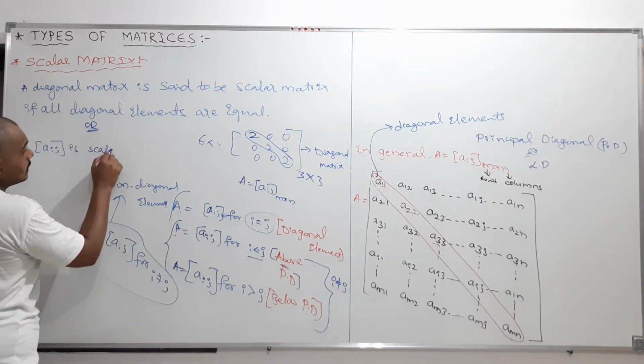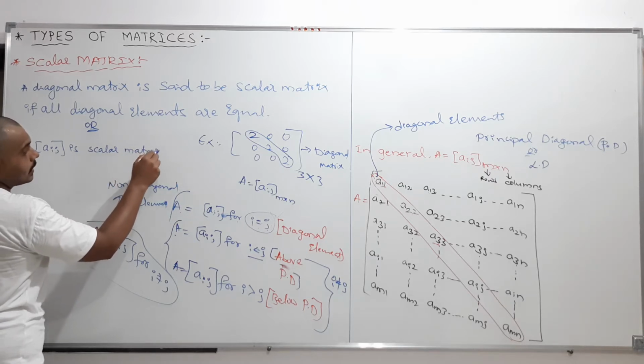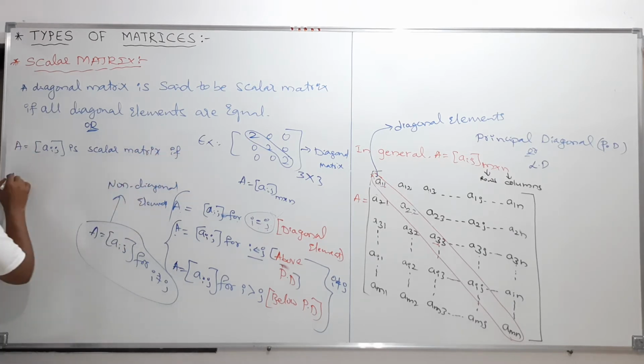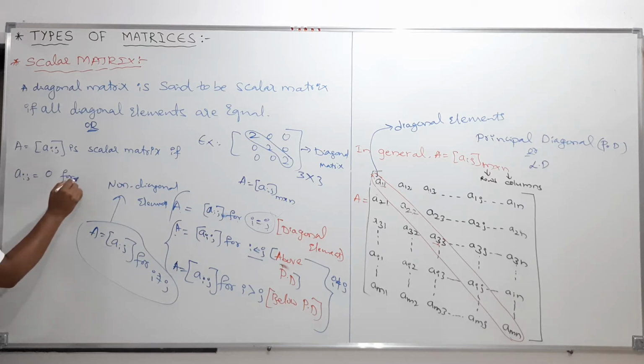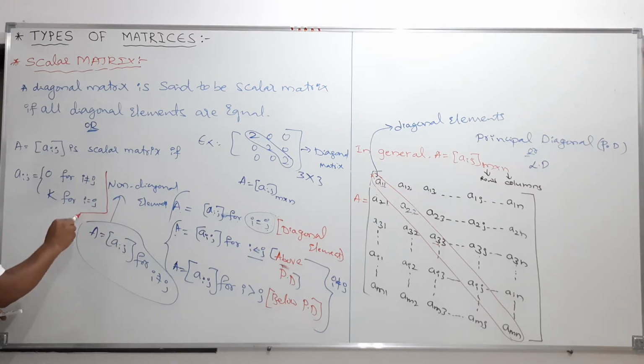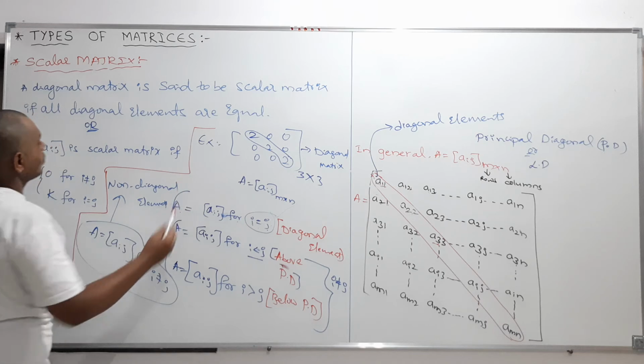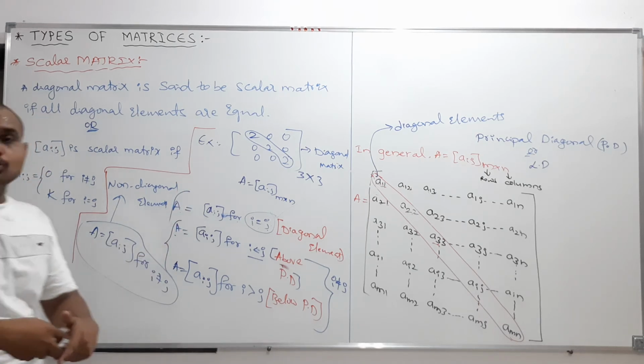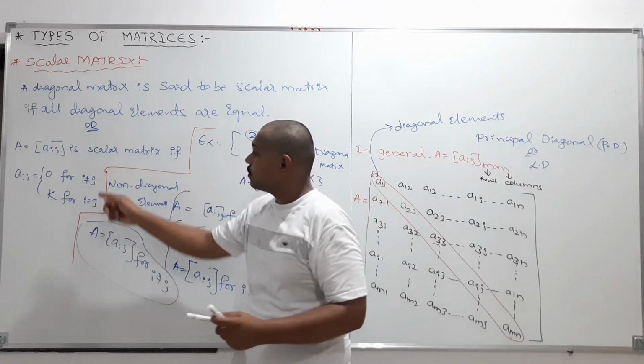A square matrix A is a scalar matrix if Aij equals 0 for i not equal to j, and k for i equal to j. Yes, my dear students, please don't be confused. Both are the same.